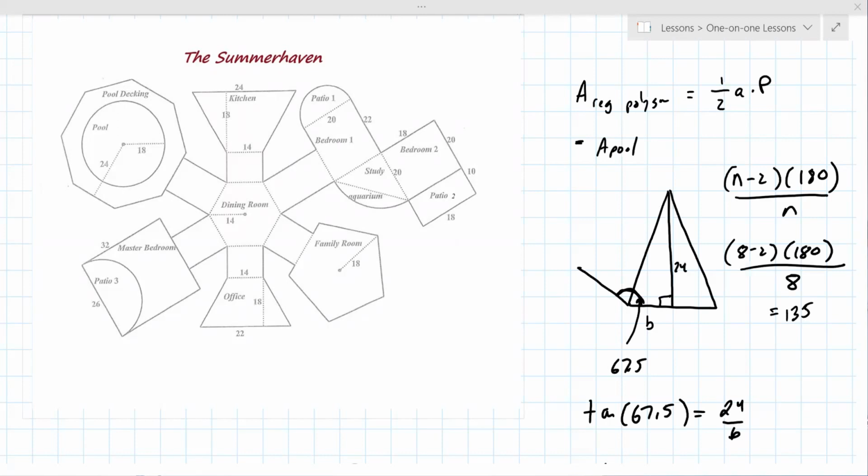So base 1 can be either 14 or 24, it doesn't matter. But then you're multiplying it by 18. All right, so that's 342 feet squared for the kitchen.